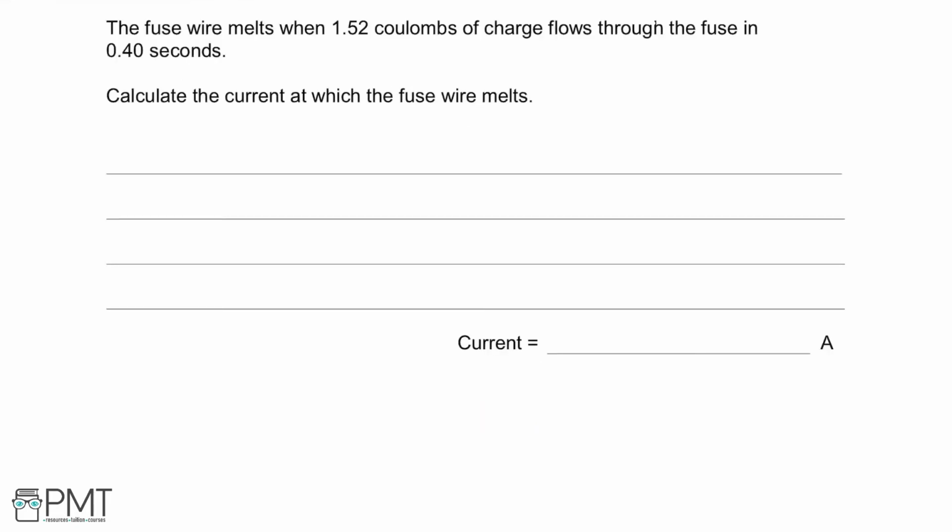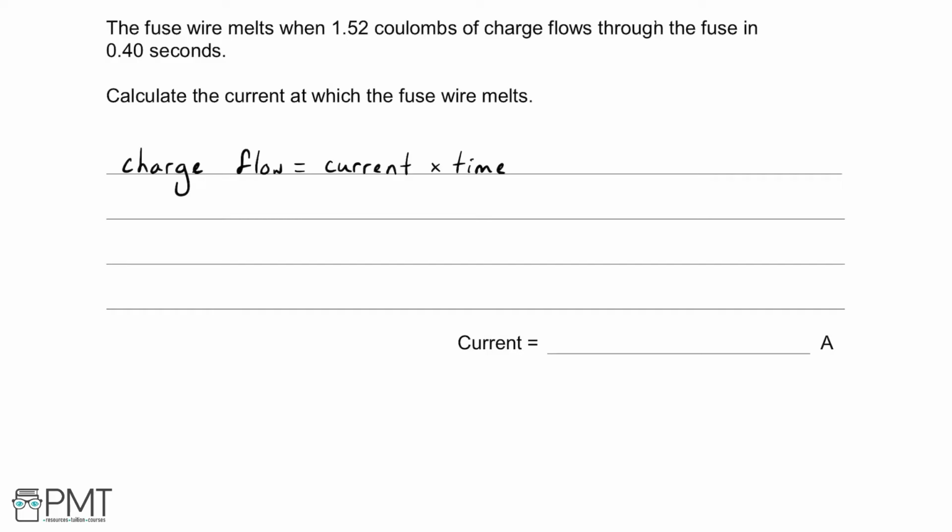The fuse wire melts when 1.52 coulombs of charge flows through the fuse in 0.40 seconds. Calculate the current at which the fuse wire melts. So for this question, we're going to need the equation that we just wrote down for the previous question, which is charge flow equals current times time.